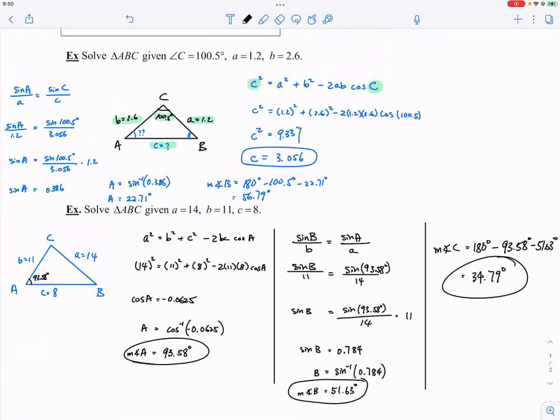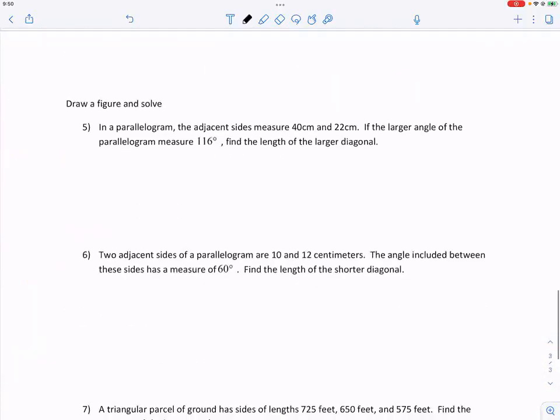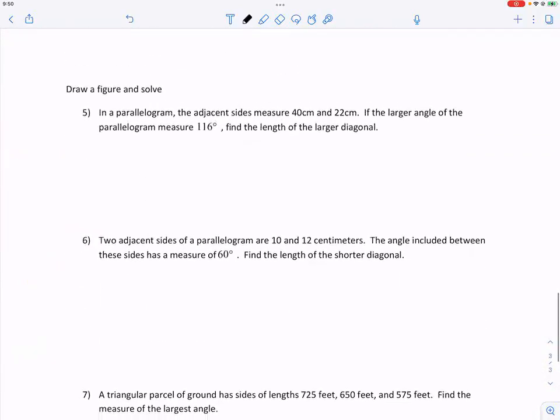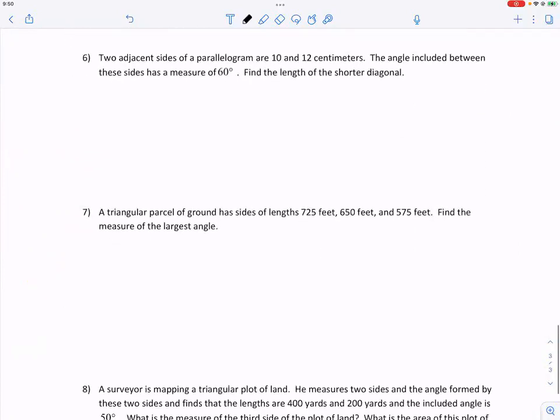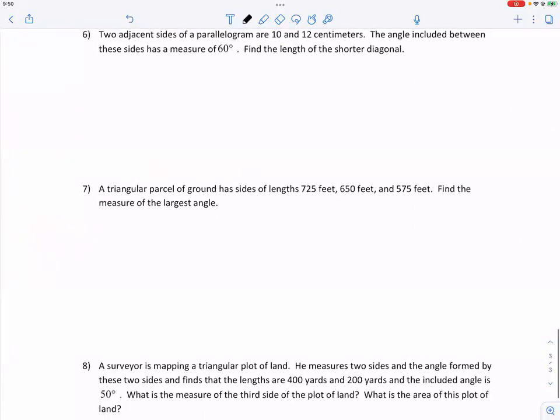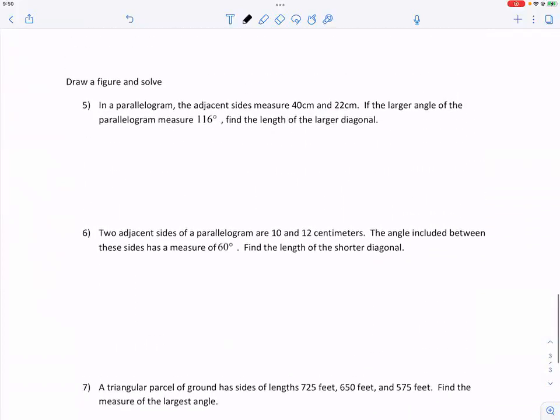Okay. Now, after these two examples, I would like you to turn to the back page of the worksheet, so the very last page. I want you to look at some word problems, actually. I want you to take a look at number 5 and number 7.